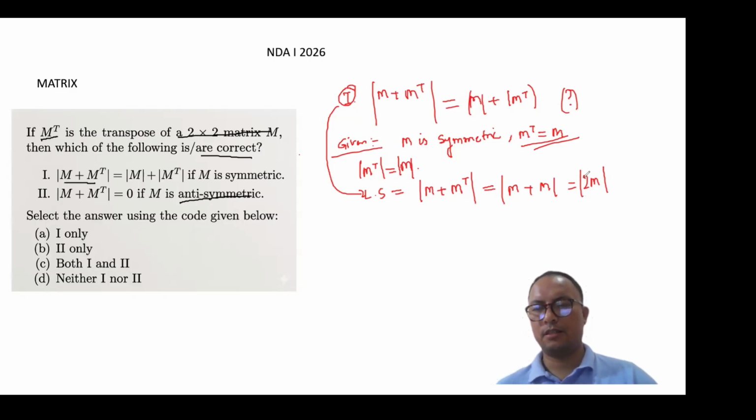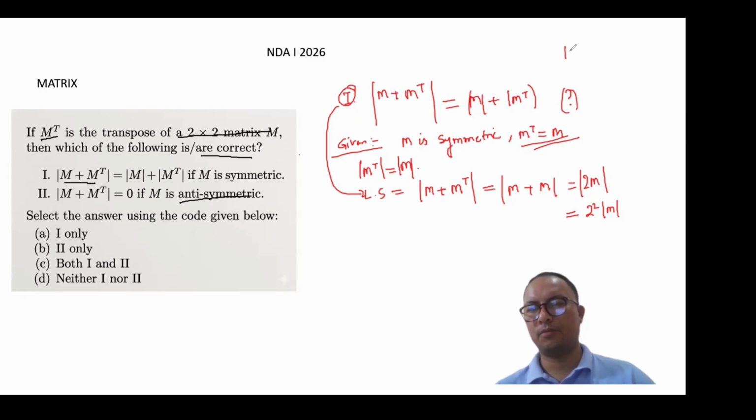See, the 2 is a constant, and if you take it outside, the power will be 2 square determinant of M.